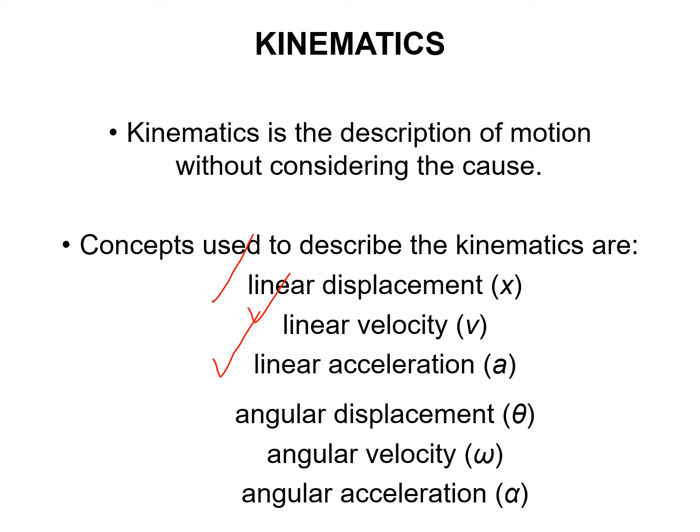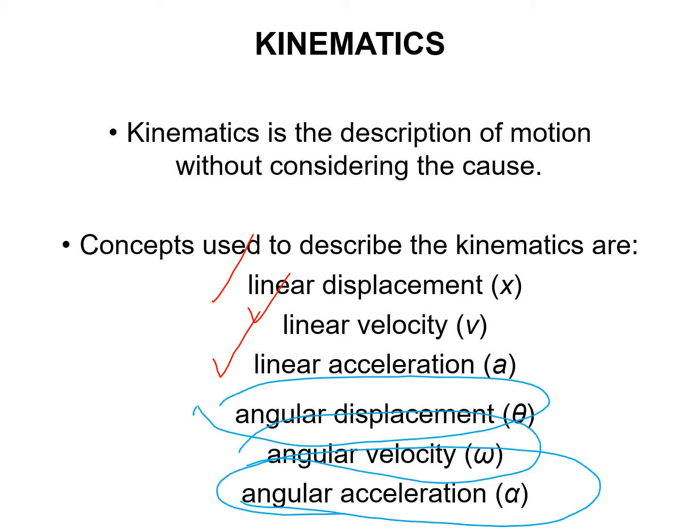These describe motion that occurs in a rotational manner. Instead of a straight line, we're looking at motion that's rotational. The good news is that how we determine and calculate these, and what physics is involved, is no different than for their linear components.